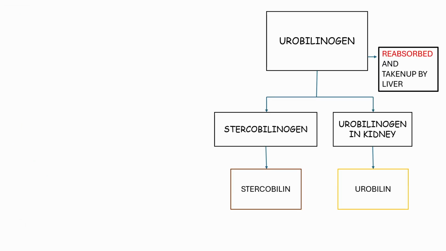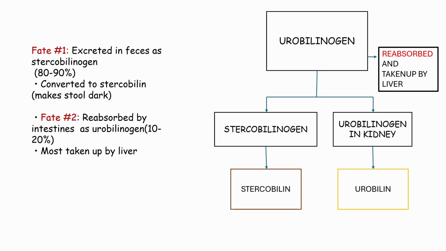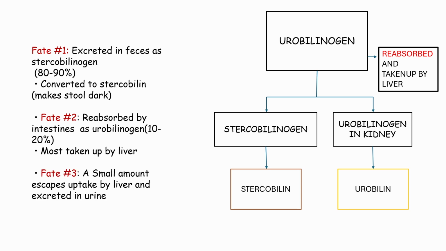The urobilinogen thus produced is excreted as stercobilinogen through feces, and this is how 80 to 90% of the bilirubin is excreted. And 10 to 20% enters the enterohepatic circulation and is reabsorbed by the liver. A small portion in the enterohepatic circulation escapes the liver uptake and reaches the kidney to be excreted as urobilinogen.